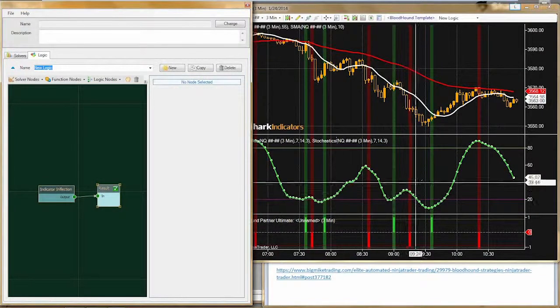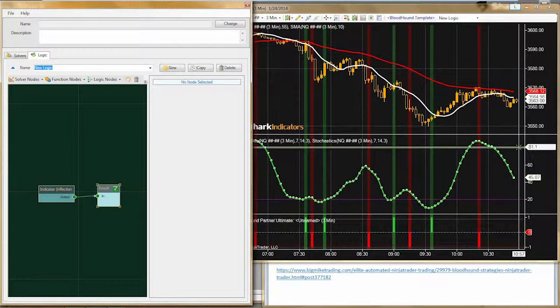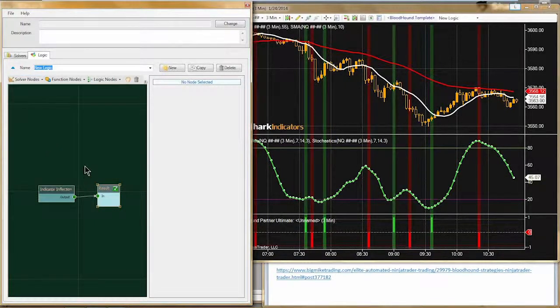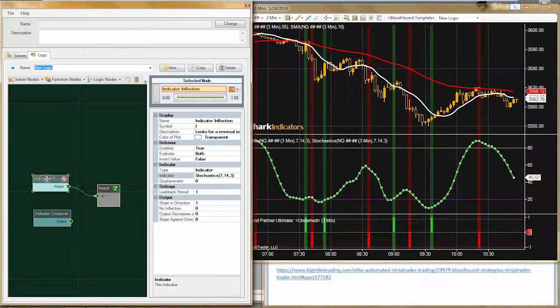And let's see, what else were they doing? They were checking for when the stochastic crosses this 80 or 20 level. I think it was the crossover solver. Or I'm trying to remember if it was the crossover solver or the threshold solver that was being used.